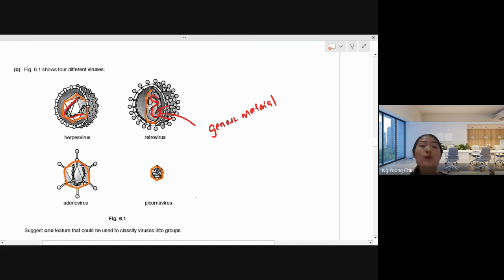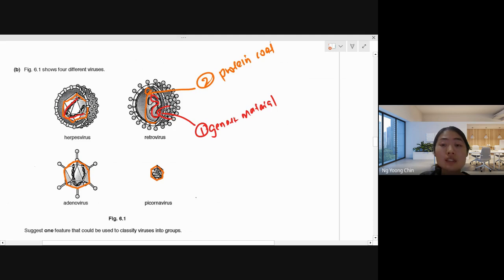For your information, virus, they contain 3 structures, right? Which is the genetic material, first one. And the protein coat, second one. And last one, the third one, they do have this envelope.